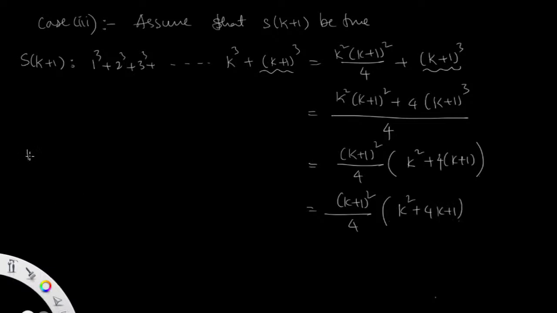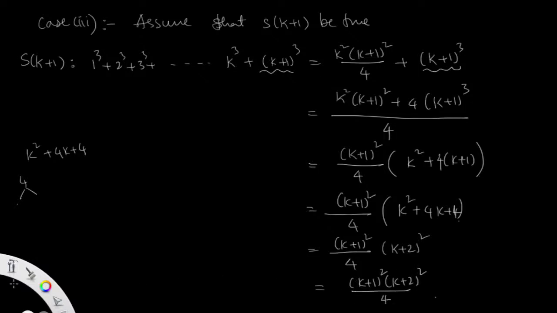Now, taking the value for k² + 4k + 4 by factorization, no need to factorize, that is directly the (a+b)² form, which is (k+2)². Therefore, (k+1)²(k+2)² divided by 4.